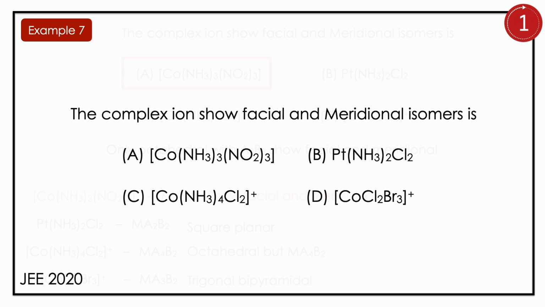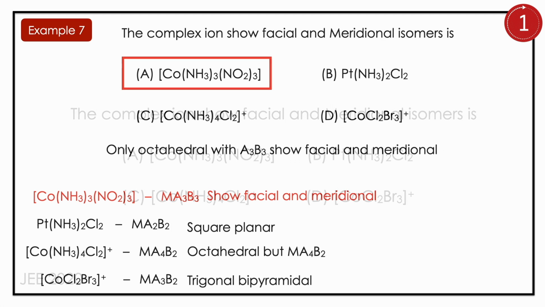You should find which one has facial and meridional isomers. The answer is straightforward if you know the facial meridional formula, that is Ma3B3. A is our answer because cobalt is M, and ammonia and NO2 are A and B, so Ma3B3.